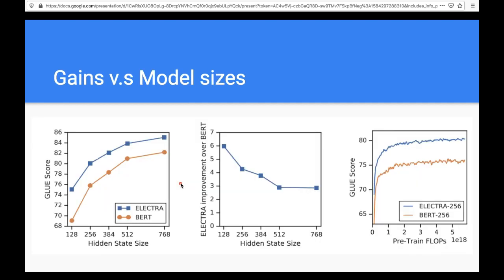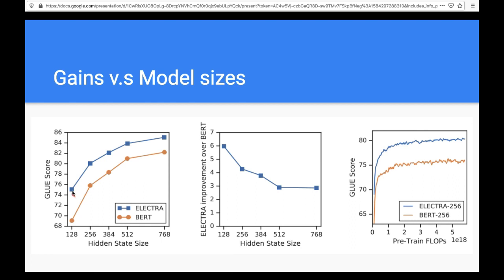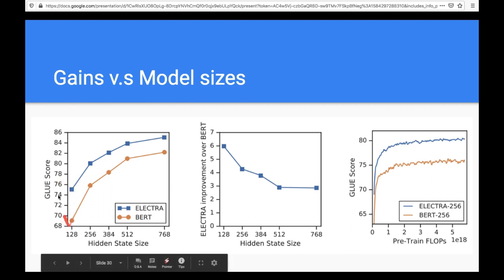So yeah. And in the end of the paper, they also mention their gains are more significant if the model size is small. For example, they also train a smaller BERT, which only has 128 hidden size. And in this case, when the ELECTRA and the BERT both are very small, the ELECTRA is much better than BERT.